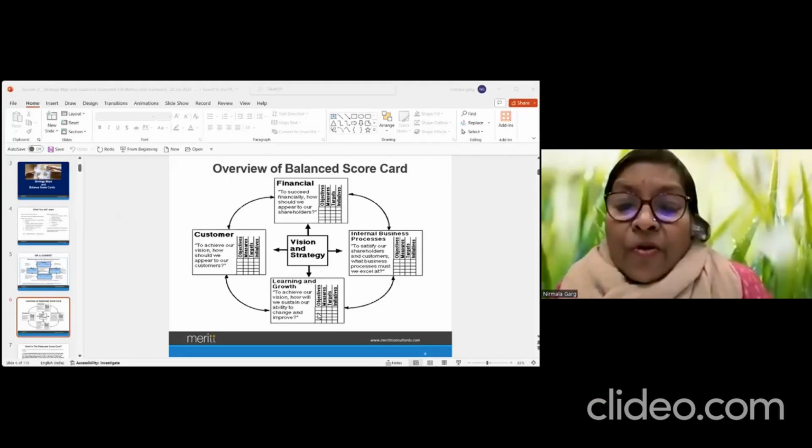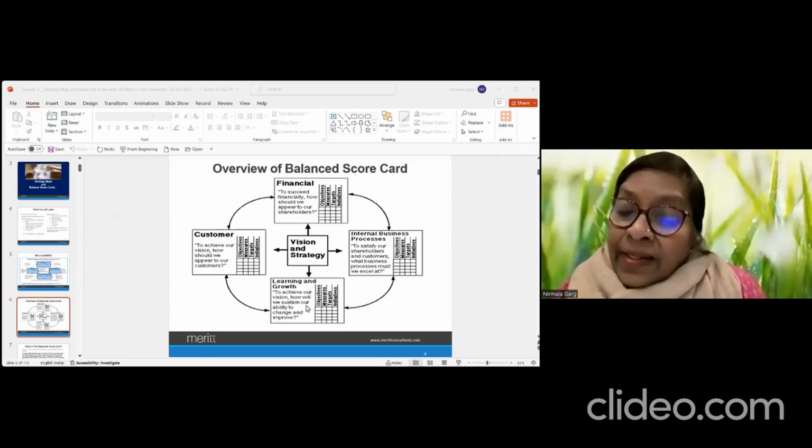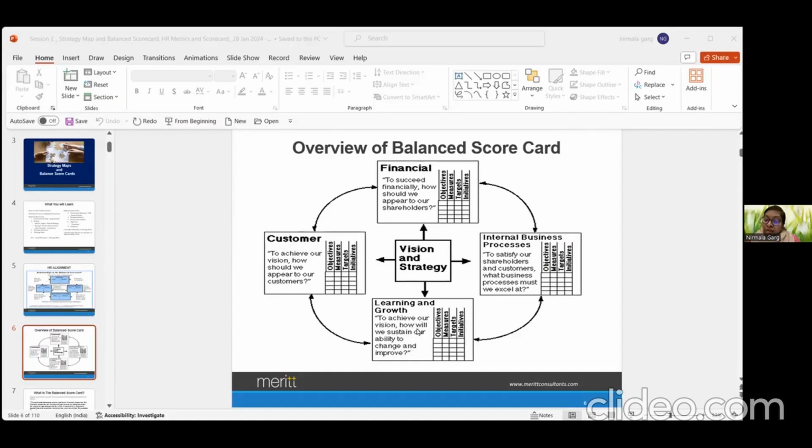That when you are building your human capital, when you are upgrading your skills, when you are hiring the right kind of talent, when you are having across the organization the right kind of culture, then you are able to drive those internal processes, which could be production, marketing, warehousing, quality, everything, which in turn will make good products and services which are liked by the customer.